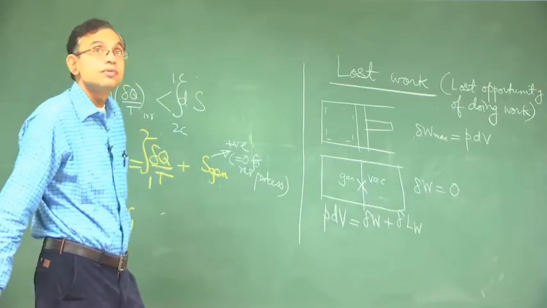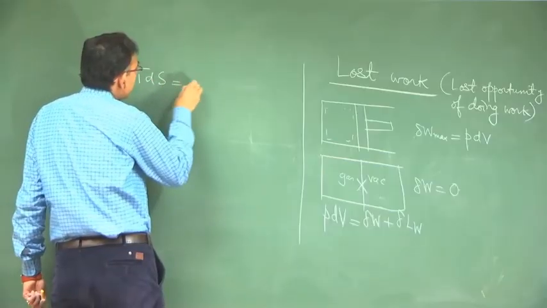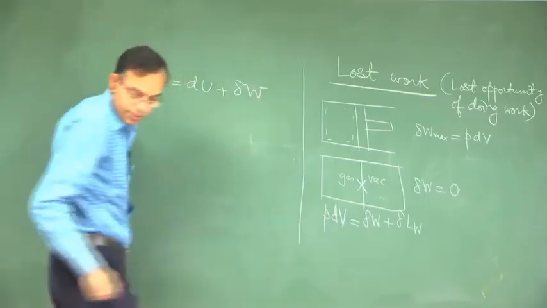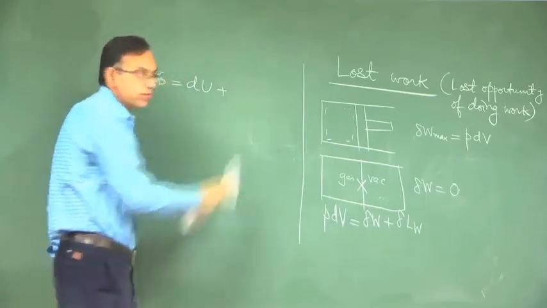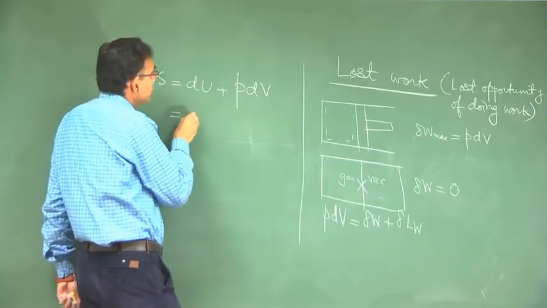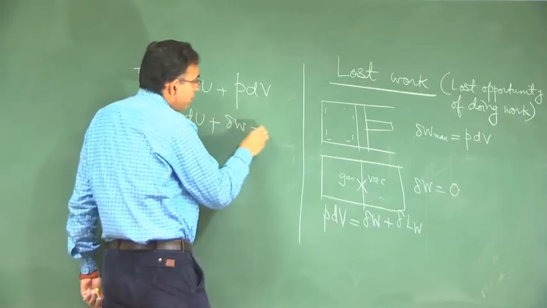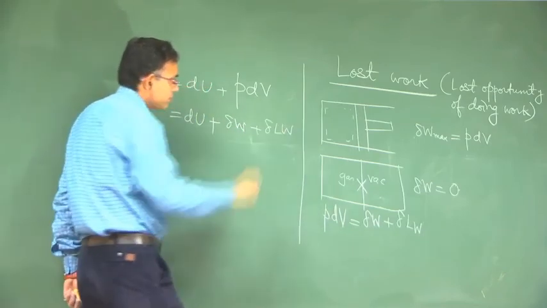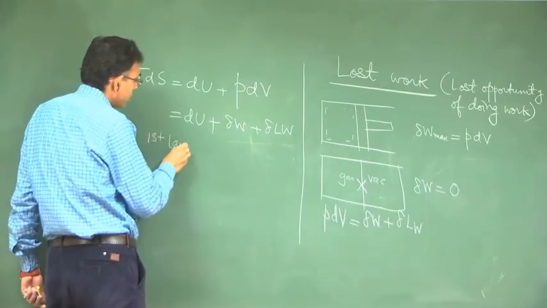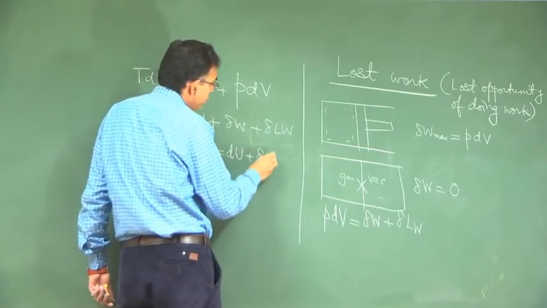So, now you can write TdS is equal to dU plus PdV, sorry. This you can use for any process, right. Then for PdV you can write delW plus del lost work, and from first law you know that delQ is equal to dU plus delW.